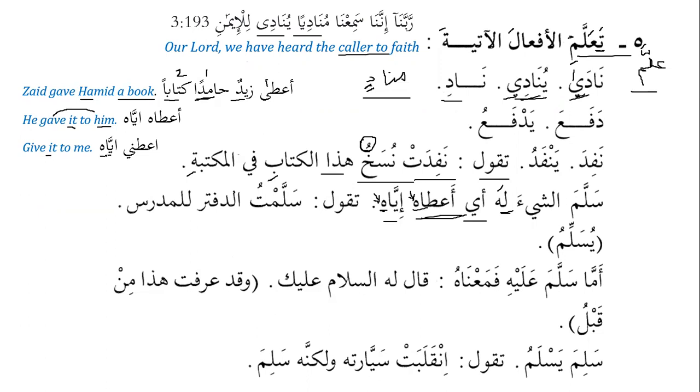So in order to translate something like it, we will use iya. Whenever you see that there are two pronouns coming together and it's not possible to use them together, then we have to bring in this dhamir and we will say a'tini iyahu, give it to me. So that's why here we have used it.